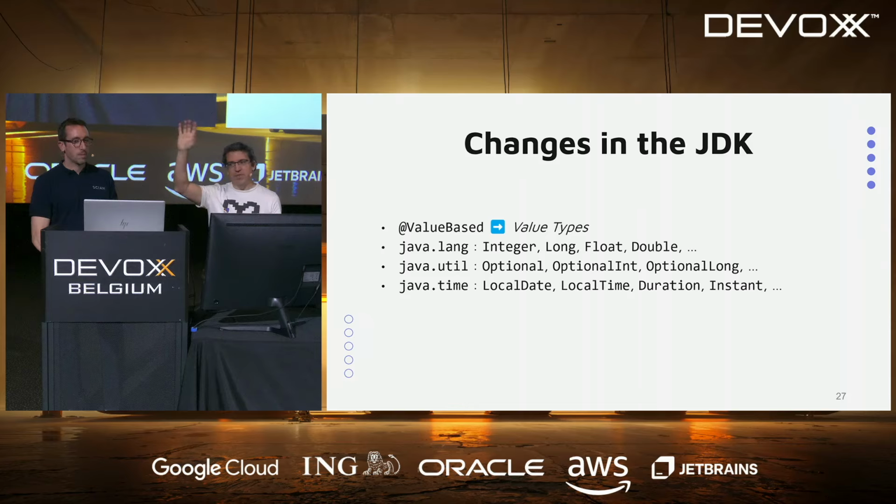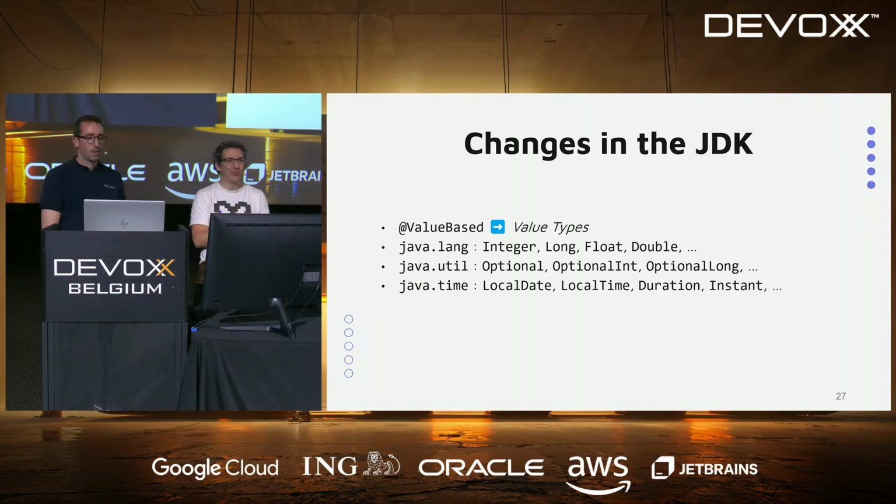You still have double and NaN that still don't work. And the trick with the integer cache doesn't work anymore. Yeah, there is no integer cache anymore. You don't need it because now you have value classes. There is no allocation at all. This is true for Optional and all its friends. This is true for the classes of java.time, like LocalDate and so on, that are just encapsulating one or two or three values.